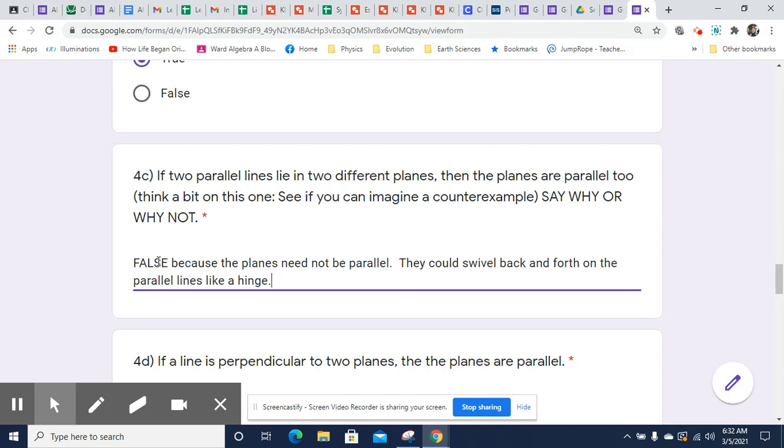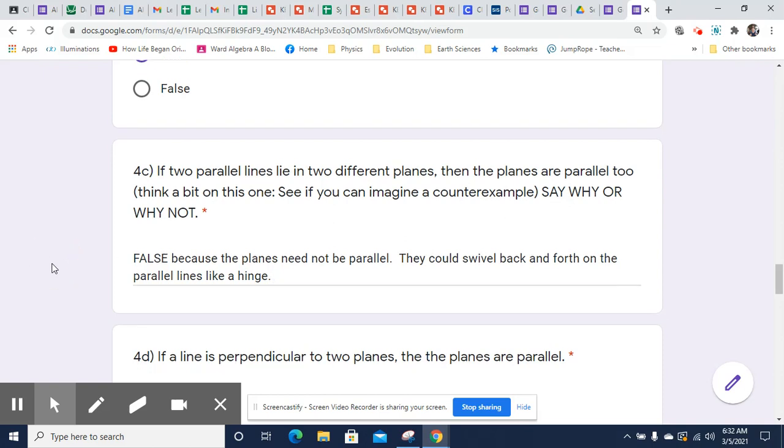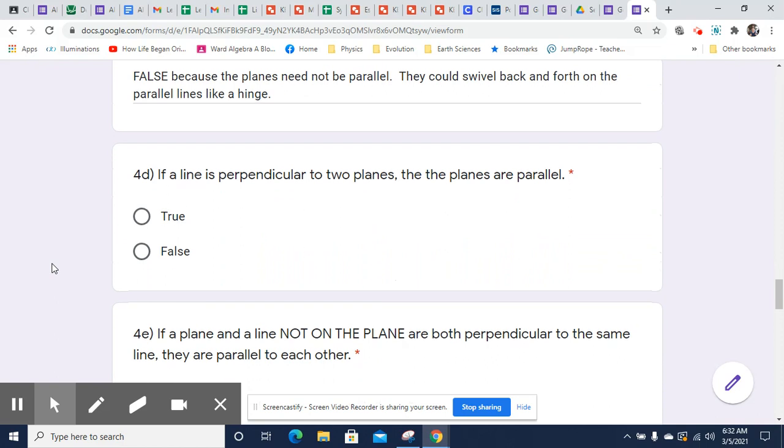And you could have a parallel line on one part of it that's parallel to part of the frame, but the door can swing back and forth. And so the plane of the door and maybe a plane of another door on the other side of the hall could be parallel, but they don't have to be. Because the door can swing back and forth, but the lines can stay parallel.